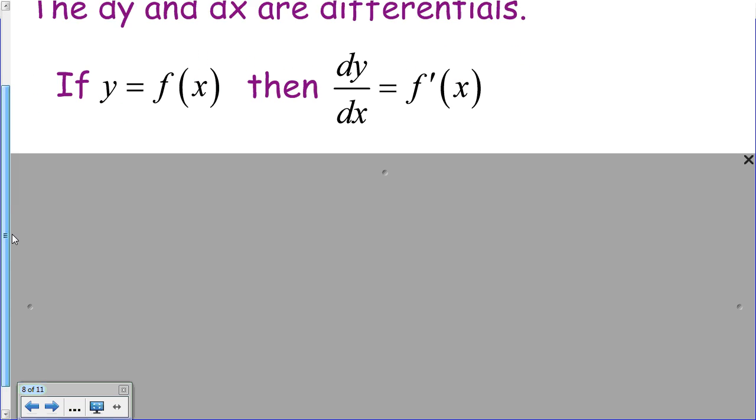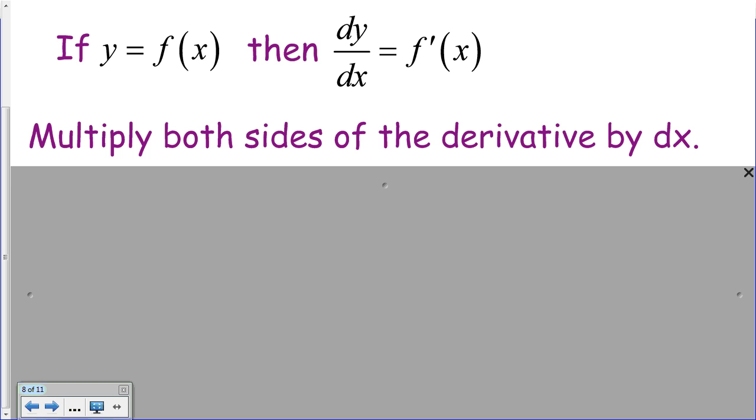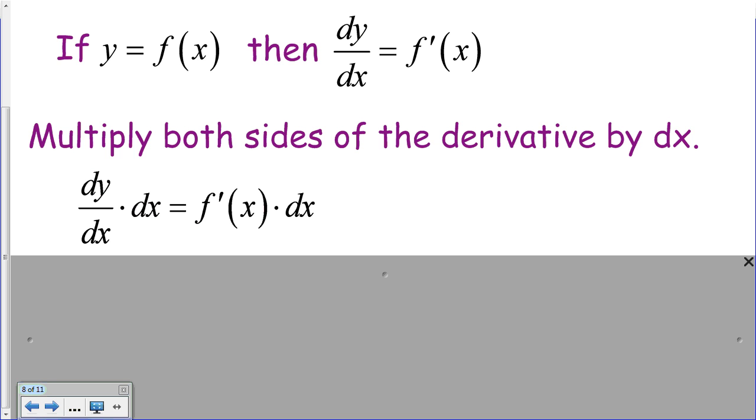Something interesting happens if we take and multiply both sides of that derivative by dx. If you take dy dx equals f prime of x and multiply both sides by dx, notice what happens. On the left side you have dy dx times dx, and on the right side you have f prime of x times dx.